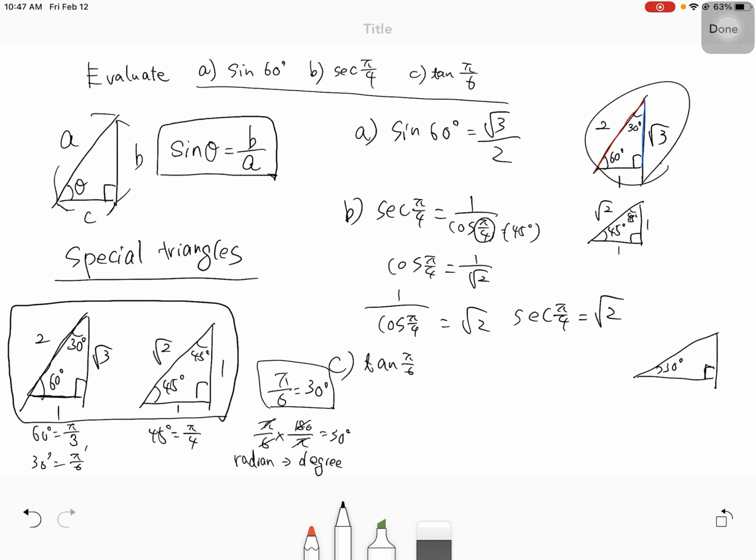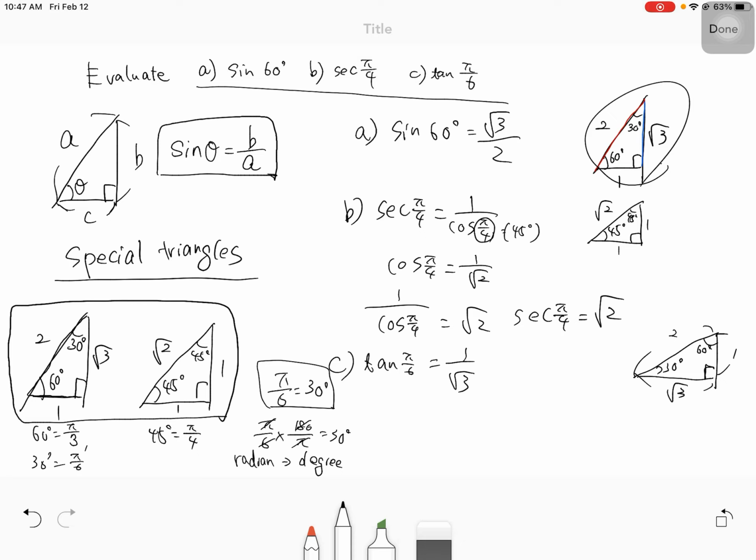Then this value is 90, so automatically it's going to be 60, because the sum of a triangle's angles is 180. Then the ratio is going to be 1, 2, square root of 3. So tangent pi over 6 is 1 over square root of 3.